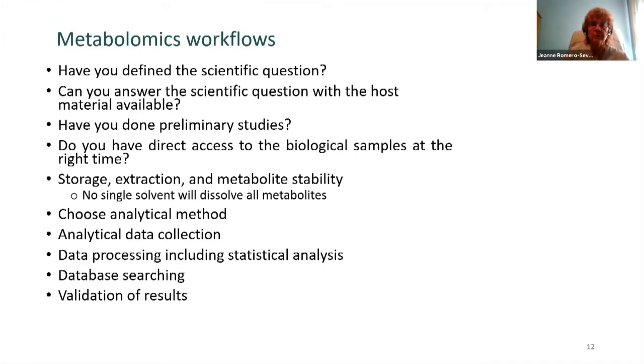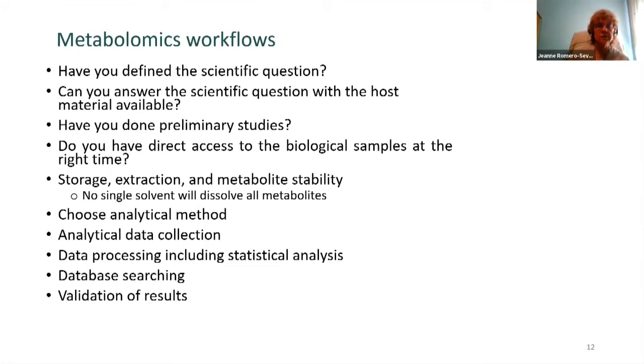And you have to be aware that no single solvent is going to dissolve all the metabolites, so that's another reason you need analytical chemists to give you some advice about this. You have to choose which one of the wonderful machines in analytical chemistry to use and which combination. You choose that ahead of time.